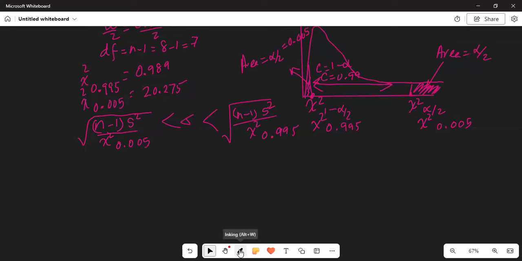Okay, so if I move this a little bit up, again this will be inside the square root.